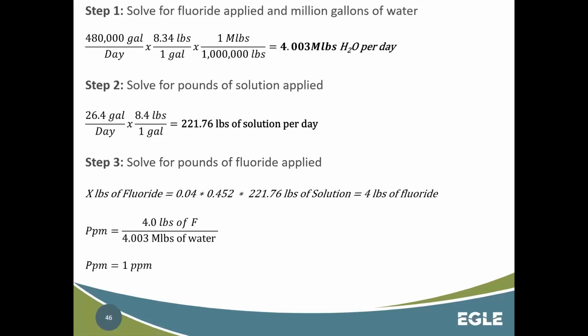So that's that 4%. So we get 4 pounds of fluoride applied that day. So to get the parts per million applied that day, we divide the pounds of fluoride by the million pounds of water to get 1 parts per million applied that day.